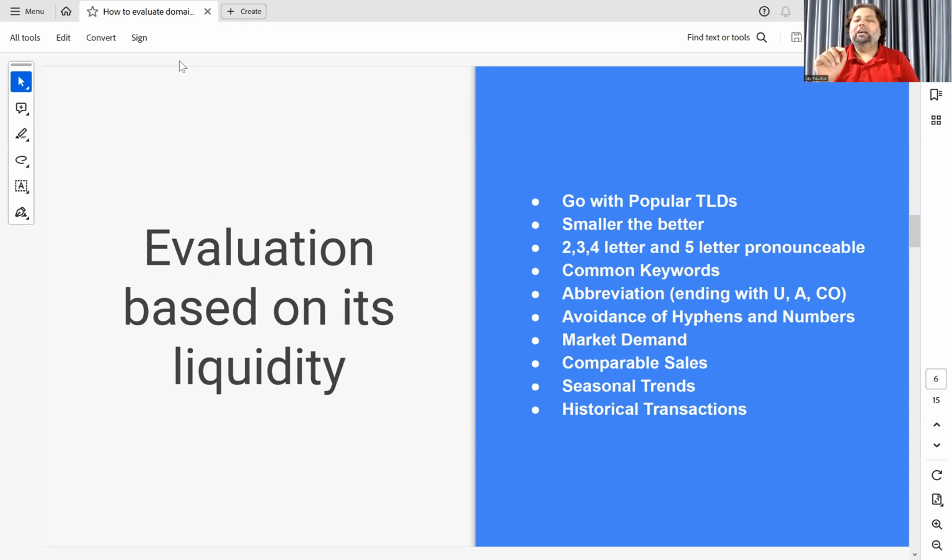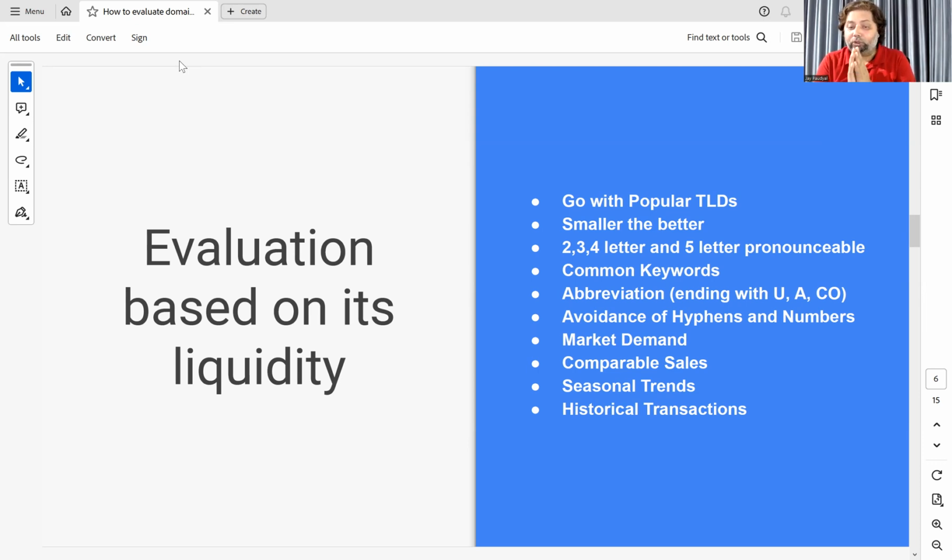JMU can be Japanese Management University. U stands for university anywhere in the world, A for association, CO for company. And avoidance of hyphens and numbers is necessary if you want to buy any domain which you can liquidate anytime.